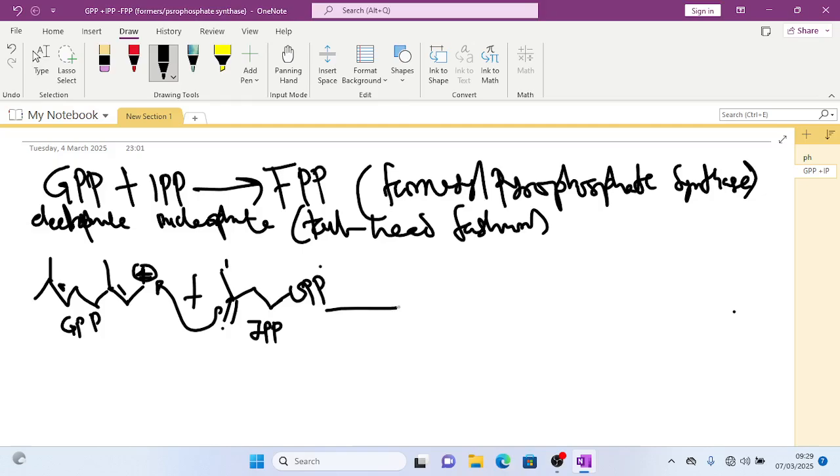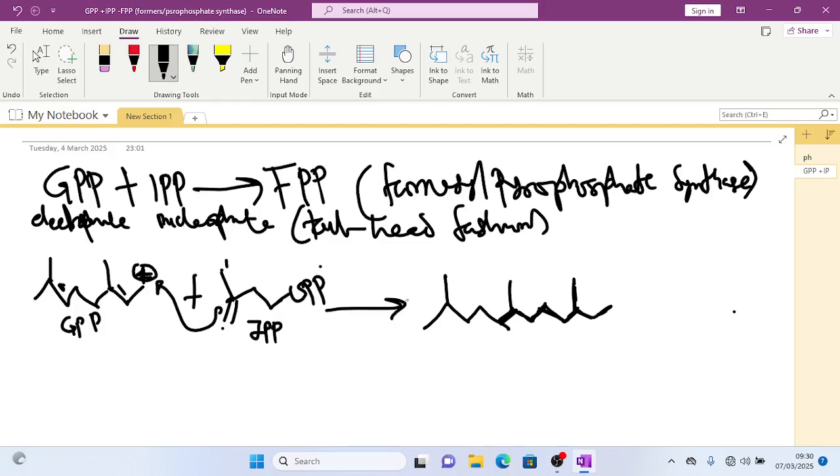And what do we get? We get a compound that looks like this. The 15-carbon compound.